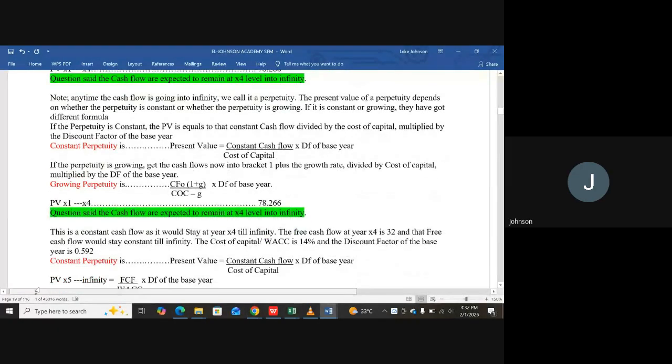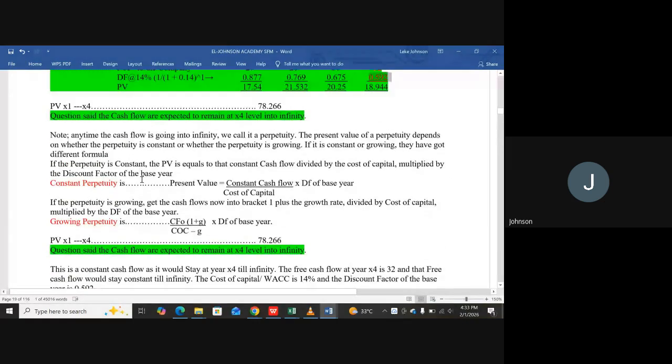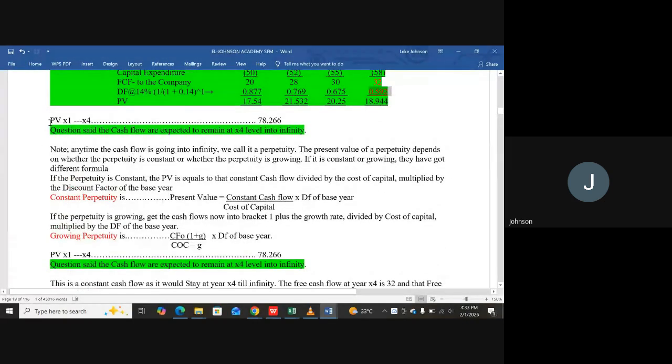Then when we have a perpetuity that has growth, that is growing, the formula is: get the cash flow and multiply by (1 plus the growth rate). Let's say we've already gotten our cash flow discounted from point 1 to point 4.